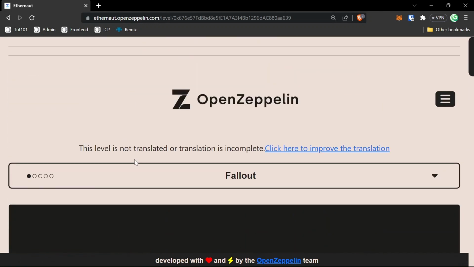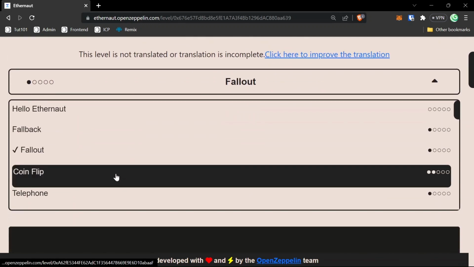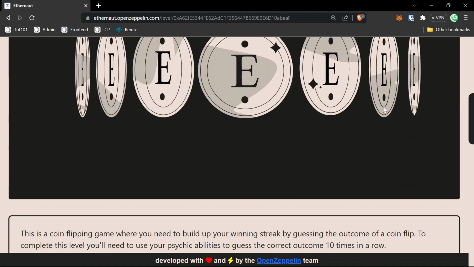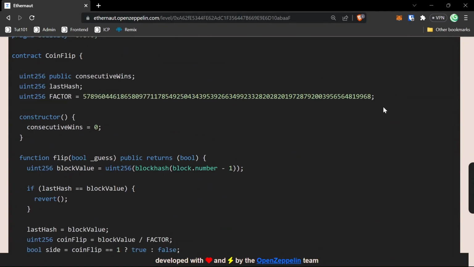The next level, level number 3, is going to be CoinFlip. The major learning at CoinFlip is that there is no way to get real randomness in the blockchain, because everything is deterministic and everyone can view it. We learn that through this flip function, where we need to make a Boolean guess, and the randomness here is created by the block hash and block.number, which is visible to everyone.